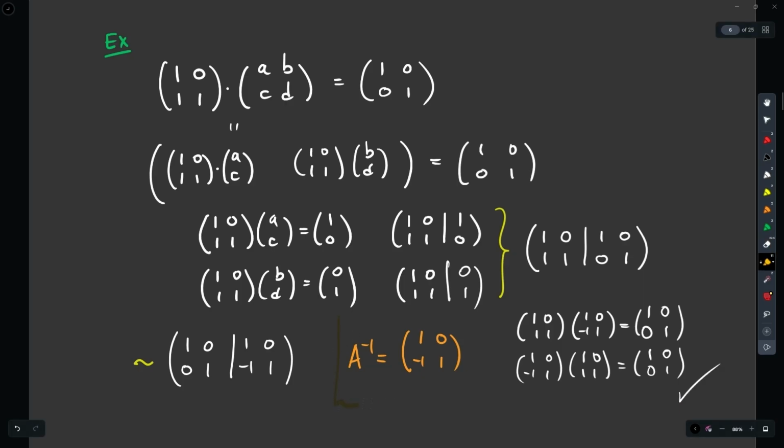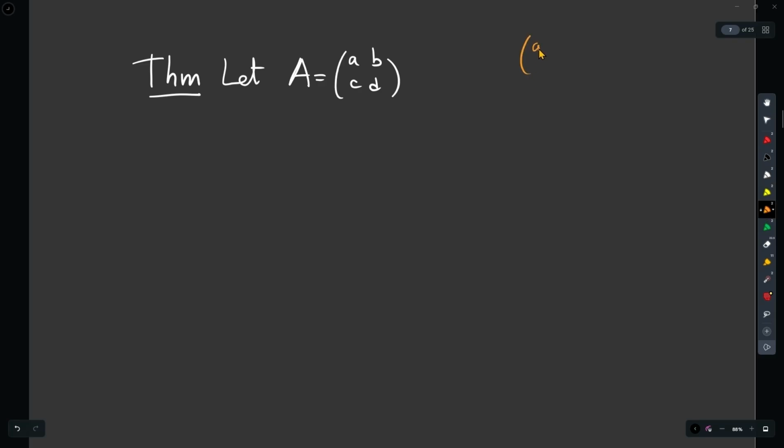This is the inverse matrix. So you can do that for any general matrix, at least for any 2 by 2 matrix. If I have a matrix A, B, C, D, and I do the row reduction of A, B, C, D, and 1, 0, 0, 1, what you can prove is the following.